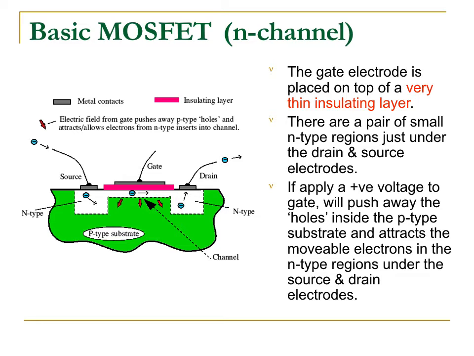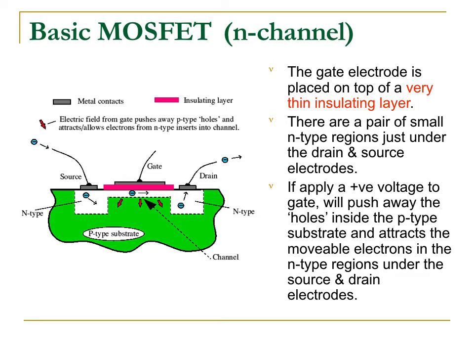Below the gate there is this insulating layer. The source and the drain are directly connected to the channel base, which is the N-type channel base here. Suppose we give a positive voltage. It will push away all the holes that are there in the P-type material, and it will attract the movable electrons from the N region, under the source and the drain.